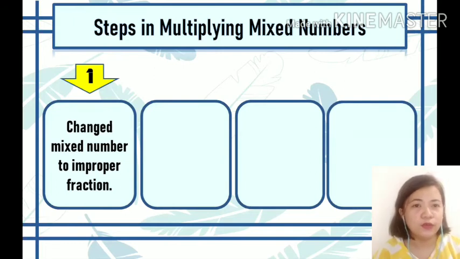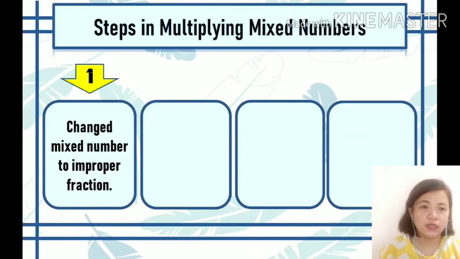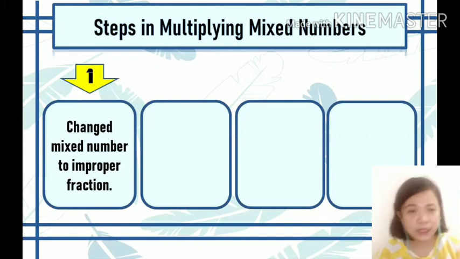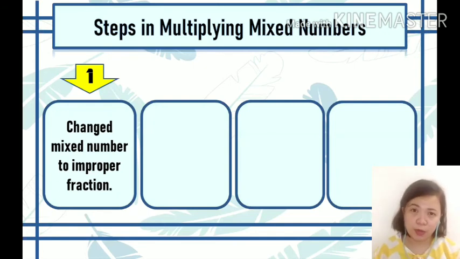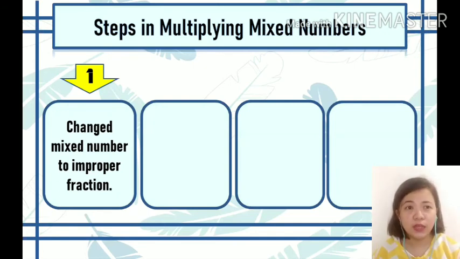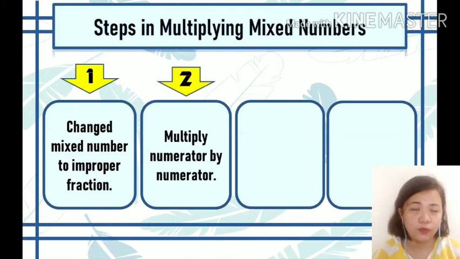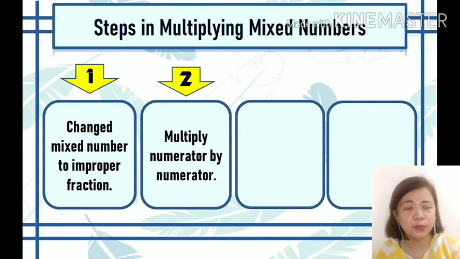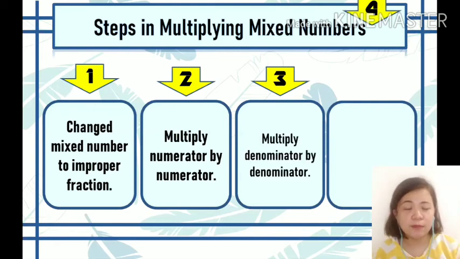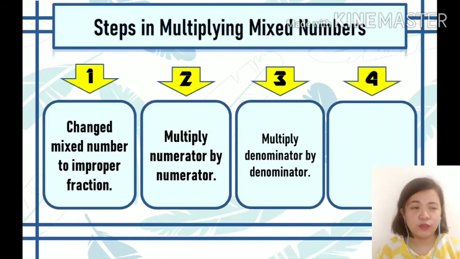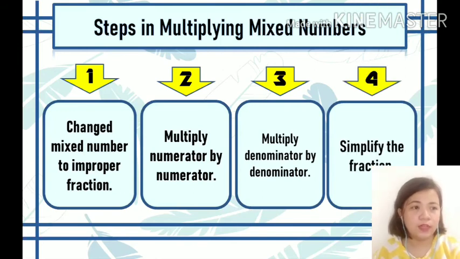I know that we already know how to change improper to mixed, but this time we're going to change first the mixed number into an improper fraction so that we can move on to the other steps. After changing the mixed number to improper, just multiply numerator by numerator, multiply denominator by denominator, and then the last one, simplify the fraction.